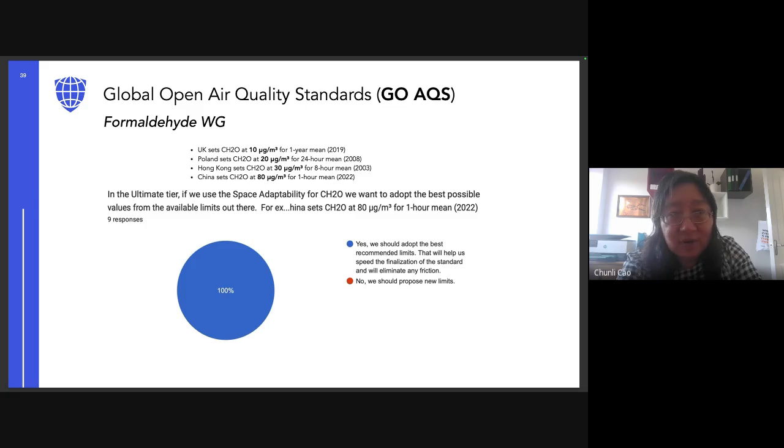We also have a liquid which can be sprayed on the surface of furniture, basically to remove the problem of formaldehyde for furniture indoors.